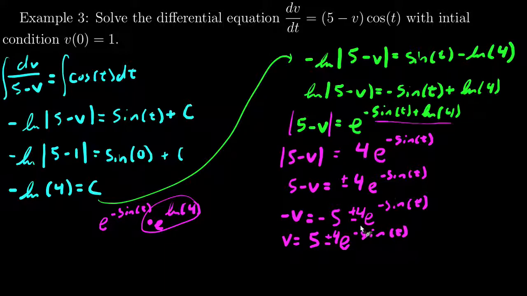When I put 0 in here, e to the 0 is 1. 4 times 1 is 4. 5 minus 4 gets me this positive 1. 5 plus 4 would give me 9. So I need to take the minus even though this is a positive 1. So v equals 5 minus 4 e to the negative sine of t.